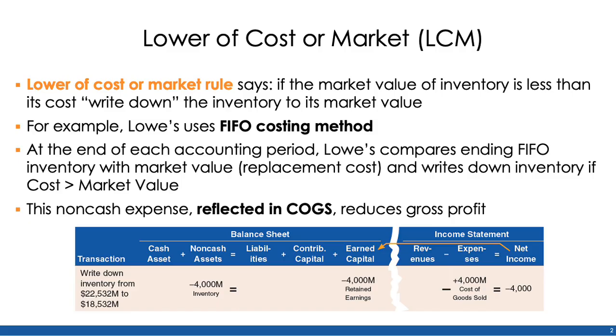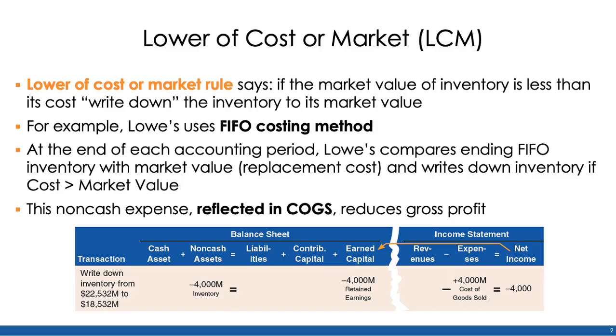So for example, you can see here that Lowe's, the hardware conglomerate with many stores across the United States, uses FIFO. And at the end of each accounting period, Lowe's compares its ending FIFO value with market value or replacement cost. And if the cost is greater than its actual market value, it marks it down to the market value.